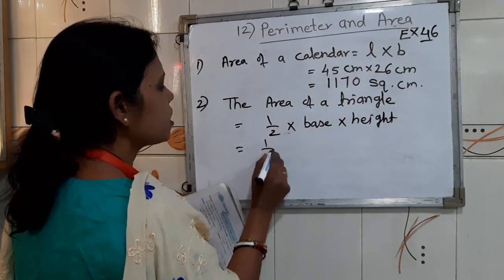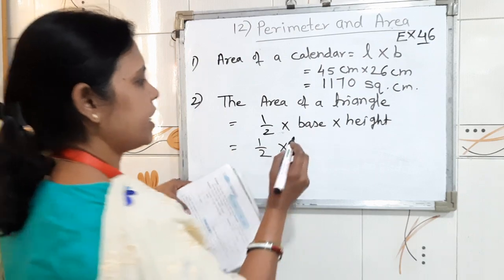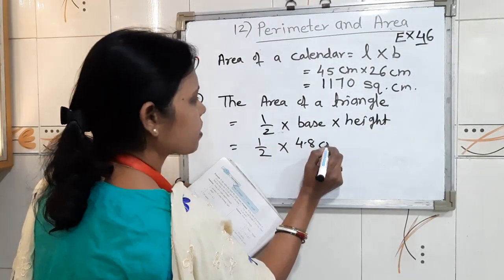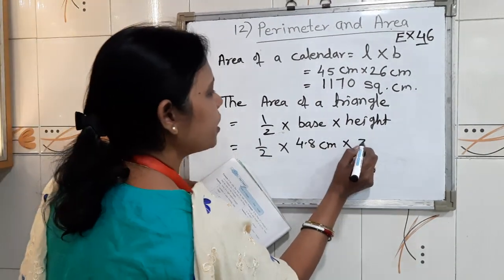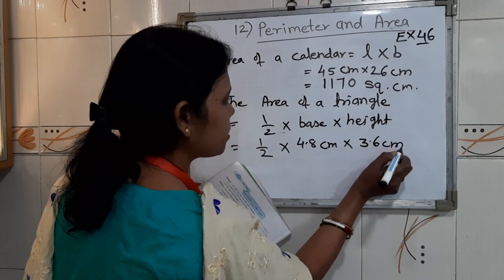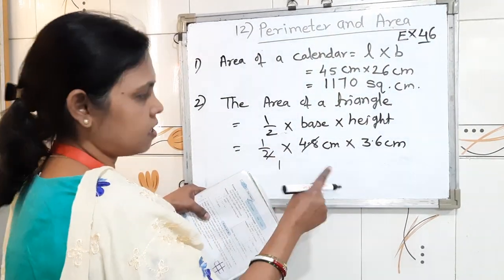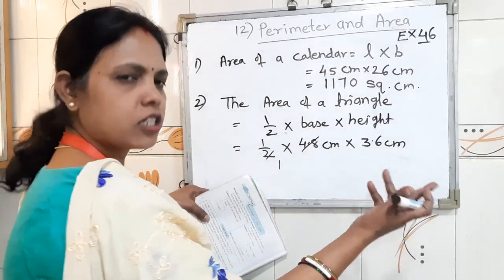So children, here half, base is given 4.8 centimeter, into height is given 3.6 centimeter. So 2 1s are 2. We will cancel 2 with 4.8, or you can cancel 3.6 also.